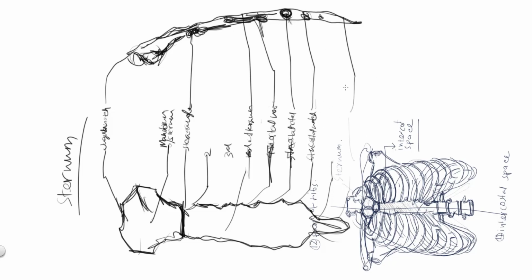So these are some points you should remember when you are drawing the human thorax. Now we have come to the main point. Let's try to draw the human torso. It's something like that.